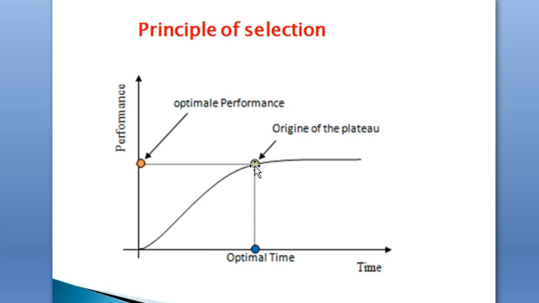This uniform shape is called the origin of the plateau, and it corresponds to the coordinate points where the most effective selection is achieved with the optimal time and the maximum performance. By achieving this point and recording it, the breeder or the breeding company avoids wasting time, resources and energy. Now, this is for the principle.